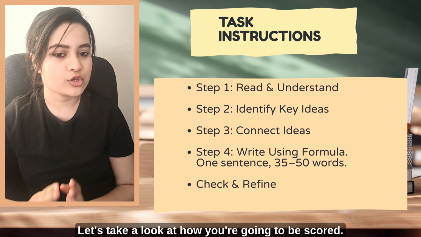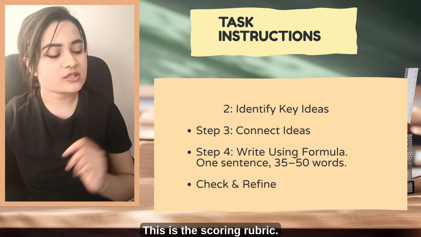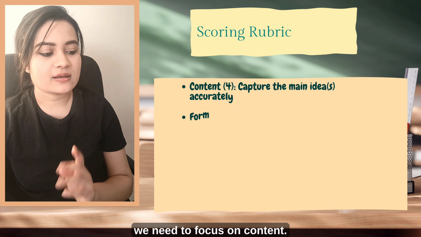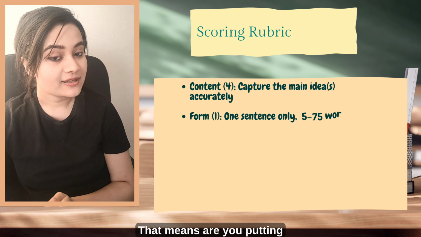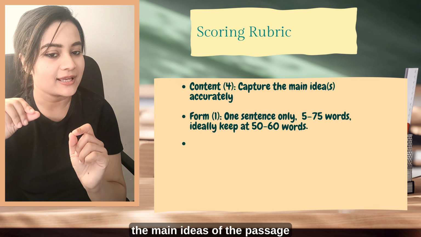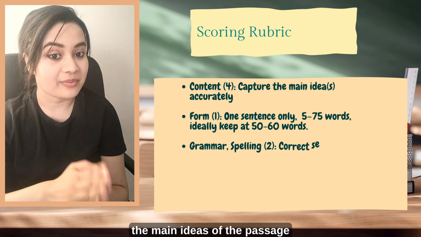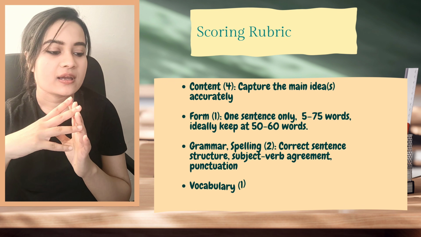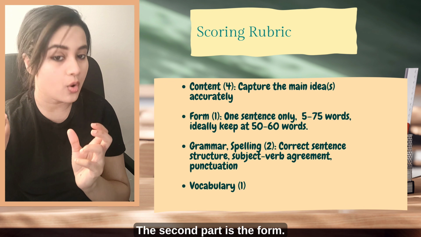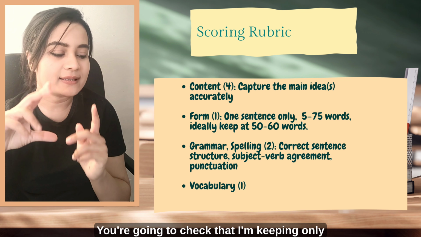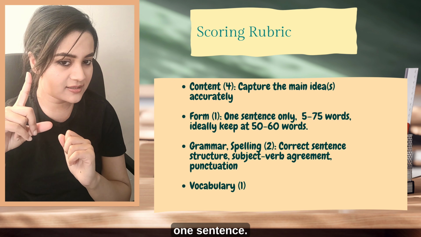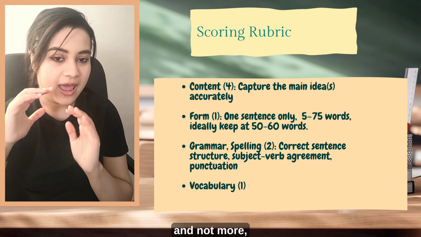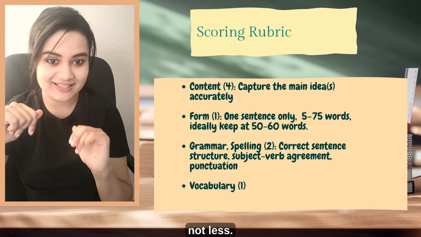Let's take a look at how you're going to be scored. This is the scoring rubric, and it shows that we need to focus on content. That means, are you putting the main ideas of the passage into your summary sentence? The second part is the form. You're going to check that I'm keeping only one sentence, between 5 to 75 words, not more, not less.